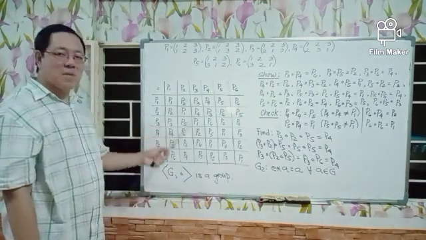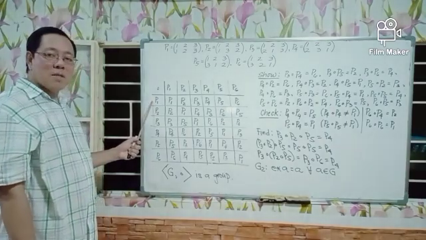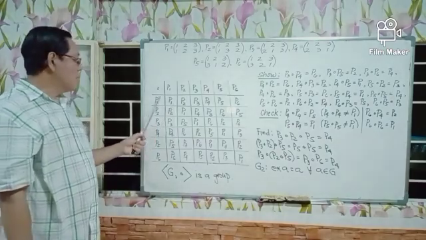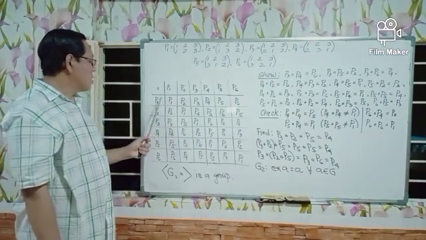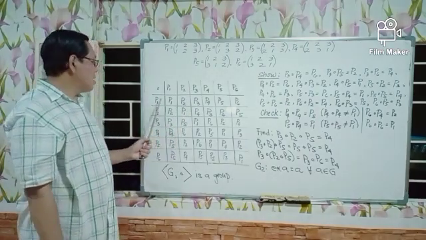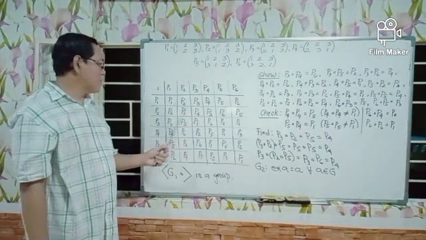And by inspection of the table, you can see that if P1 is combined with itself, the result is P1. If P1 is combined with P2, the result is P2. P1 combined with P3, the result is P3. If you take the composition of P1 and P4, the result is P4.